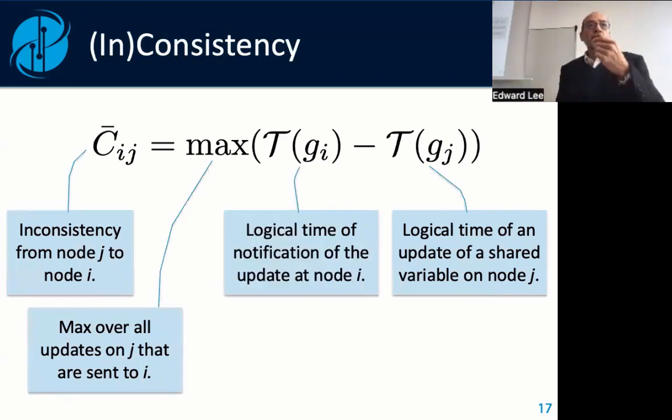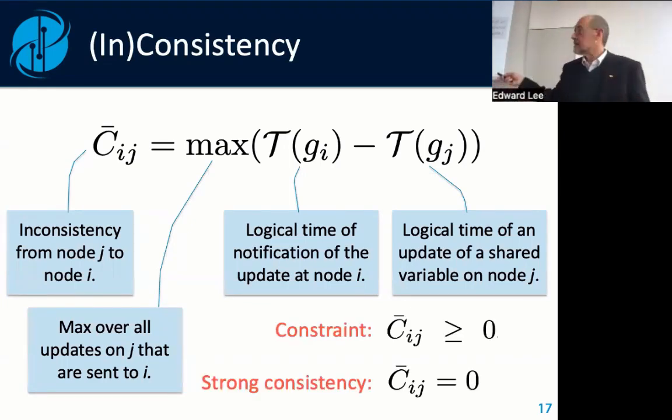So perfect consistency is where the logical times are required to be the same at the receiving end as at the sending end, in which case the inconsistency will always be 0. In fact, it's a constraint that the inconsistency is always greater than or equal to 0, and we simply call it strong consistency if the inconsistency is 0.